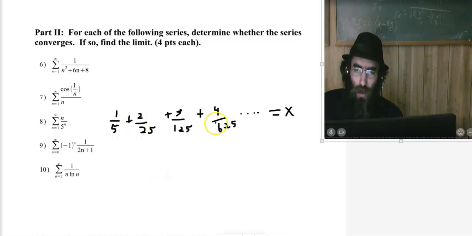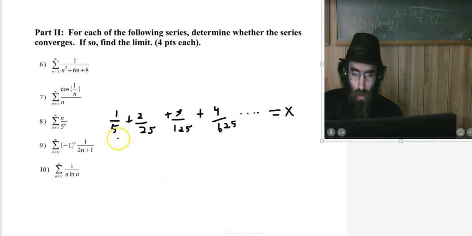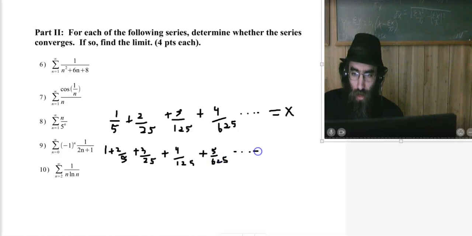Let's multiply by 5 just so that our denominators aren't quite so weird. 1 plus 2 over 5 plus 3 over 25 plus 4 over 125 plus 5 over 625, right, because that's somewhere in the dots, equals 5x.